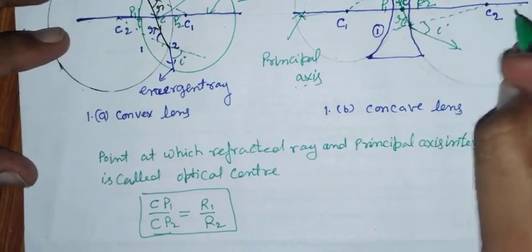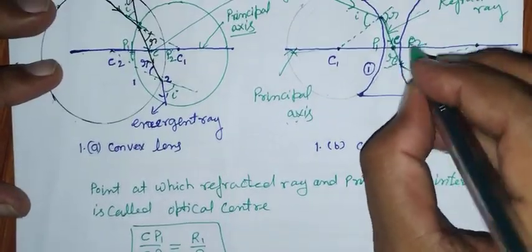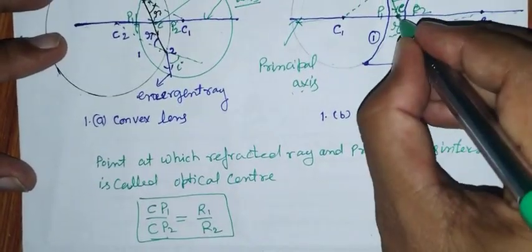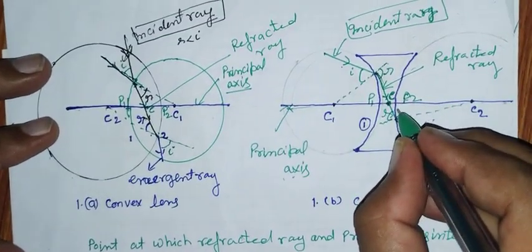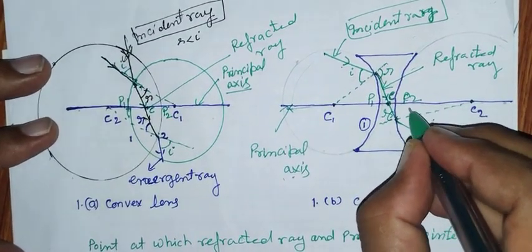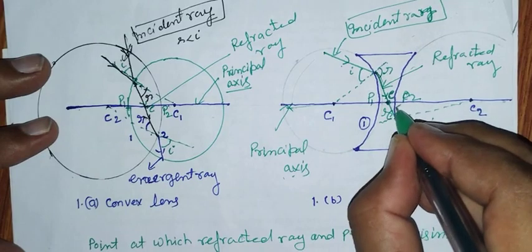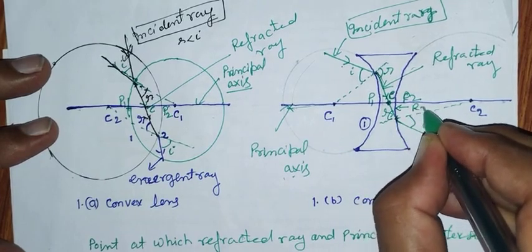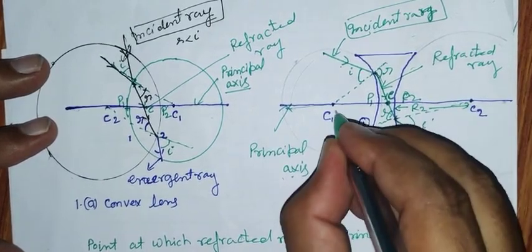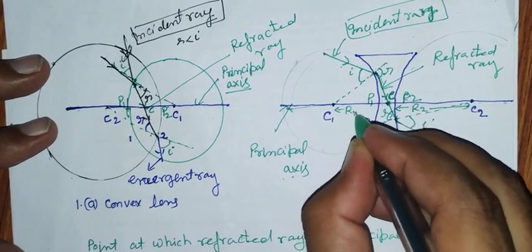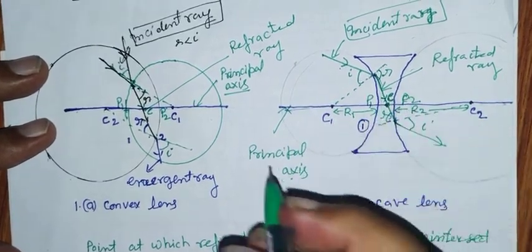What is the radii of curvature? See very carefully this C. It is C2. So C2 is the center. This distance is R2 and this distance is R1 here in this case.